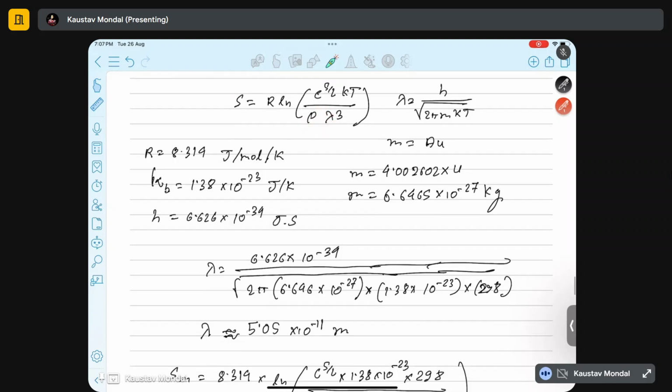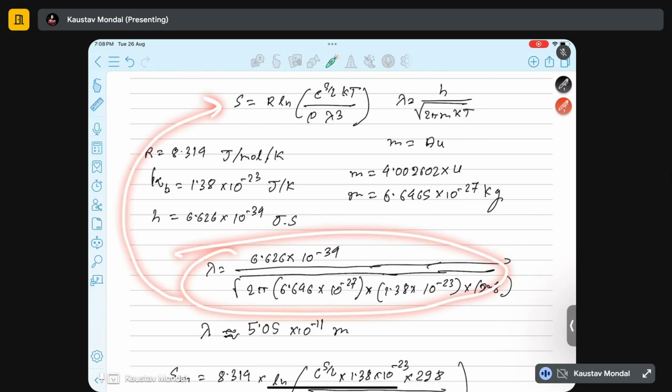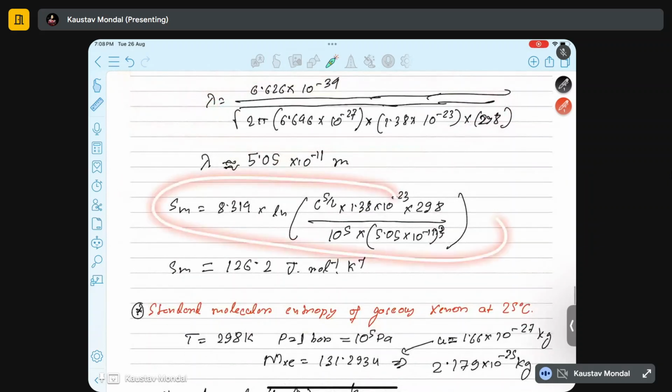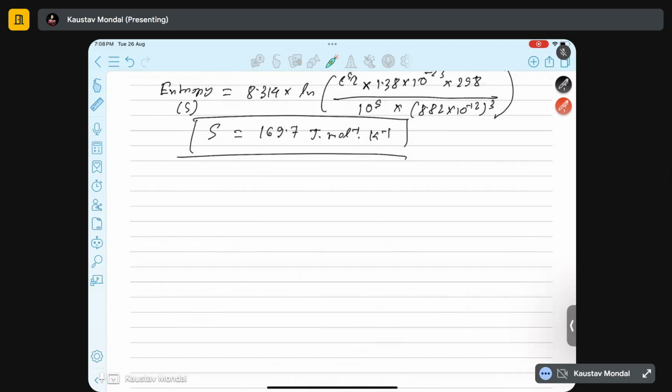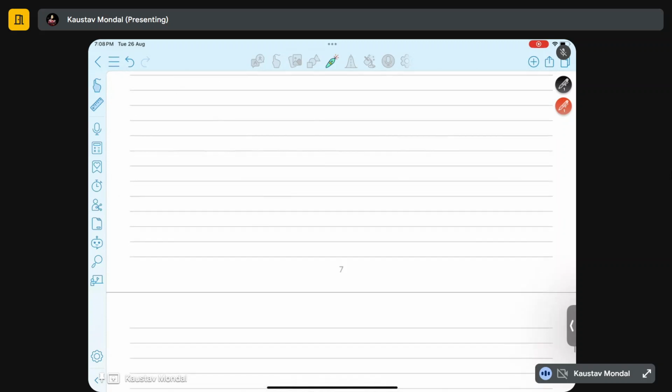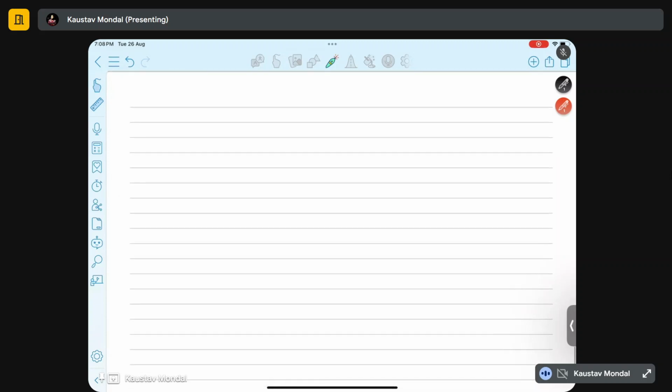First, in a separate way, we calculated the value of lambda, and that value of lambda we substituted here. After doing all the substitution, you get the entropy value like this. Okay, so this is one way you can calculate entropy for a particular case where temperature and pressure are given.